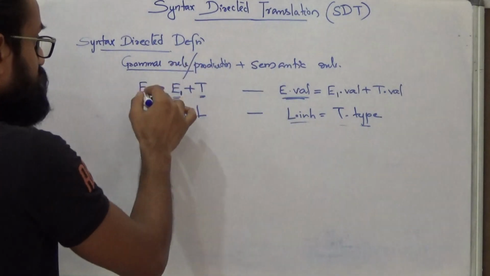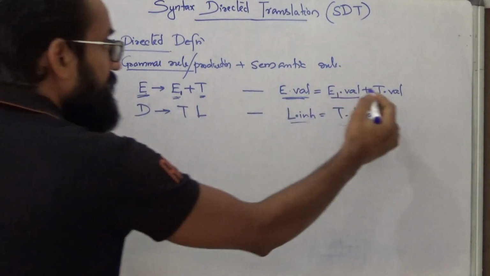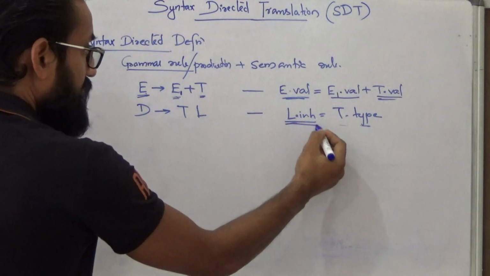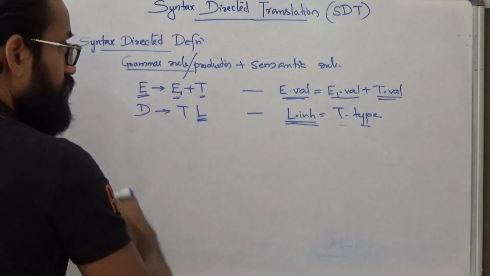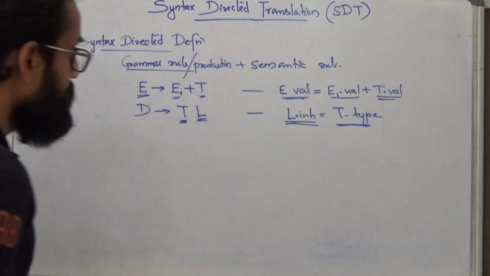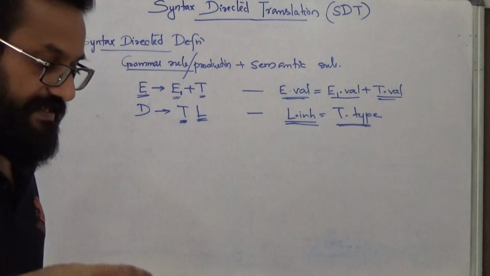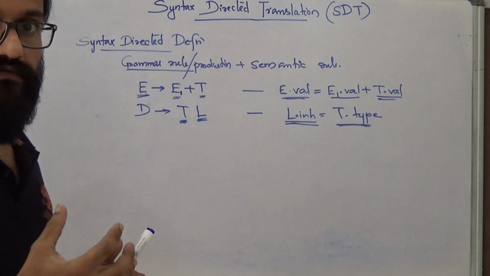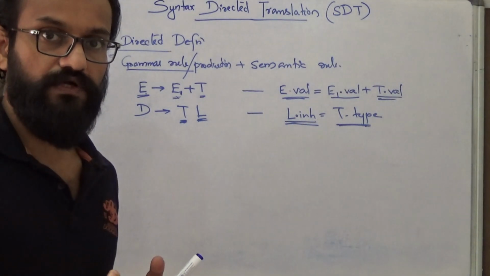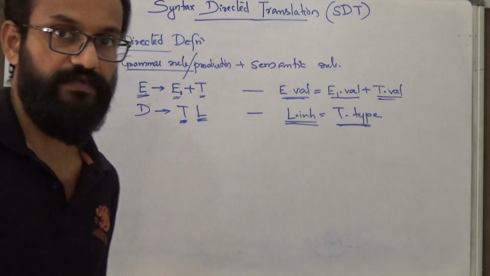E1 dot val is the attribute associated to E1, and T dot val is the attribute associated to T. Similarly, L dot inh is the attribute associated to L, and T dot type is the attribute associated to T. So in syntax directed definition, we have to associate one or more attributes to each variable or non-terminal.